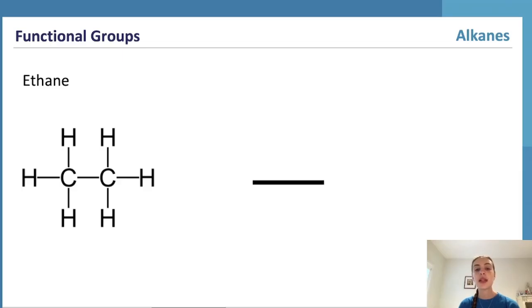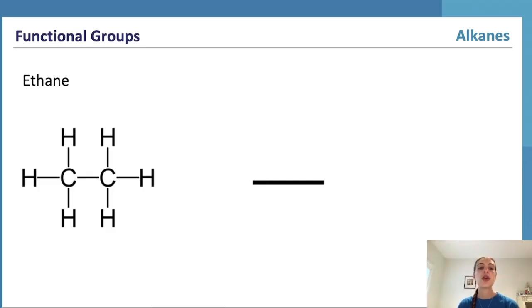With the skeletal structure, we're assuming that any hydrogens are just there, they're not explicitly shown, and we're assuming that the ends of the molecule are carbons, so the two ends for ethane being the two carbons, and then the hydrogens being assumed to be there. With longer molecules, they'll form a zigzag shape, and any ends and any points of the molecule will be assumed to be carbons.